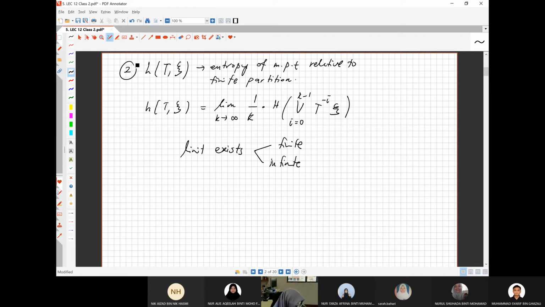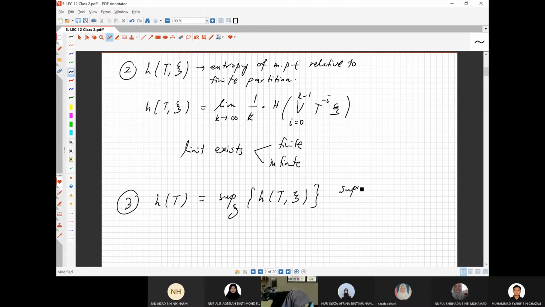Okay, so we have these two properties. Only then do we have the Kolmogorov-Sinai theorem, which is given by this definition. The entropy of the transformation is the supremum over psi of the entropy relative to the partition.